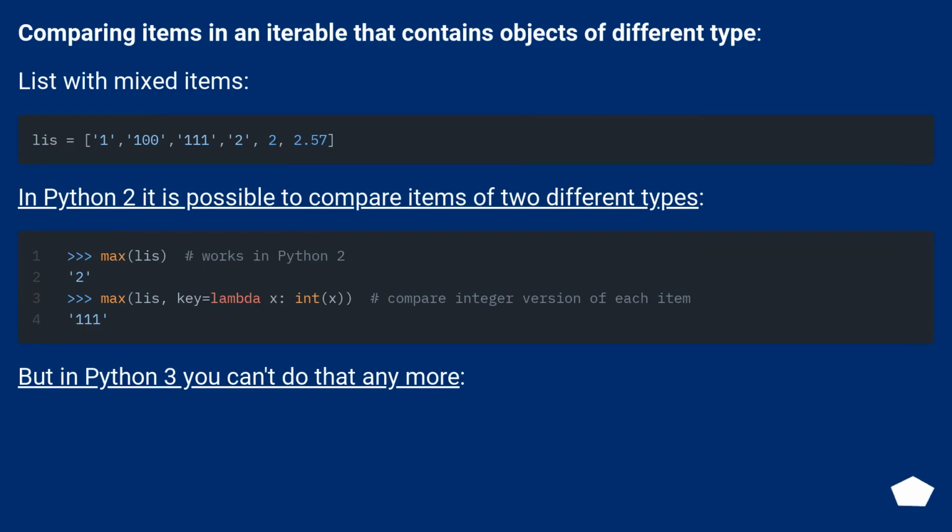Comparing items in an iterable that contains objects of different types. A list with mixed items. In Python 2 it is possible to compare items of two different types. But in Python 3 you can't do that anymore.